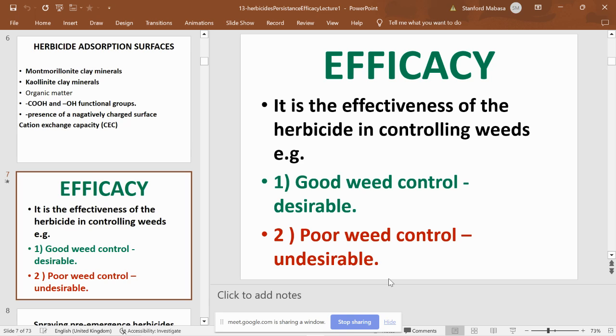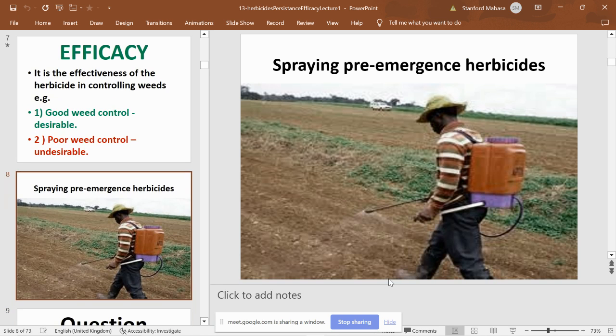When we talk of efficacy, this is the effectiveness of the herbicide in controlling the weeds. For example, we can have good weed control, which is desirable. We can also have poor weed control, which is undesirable, after applying these herbicides.